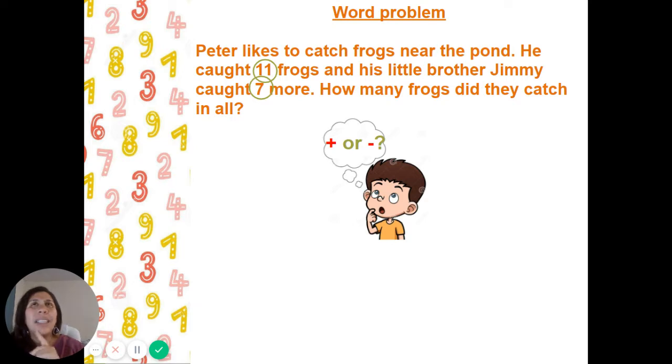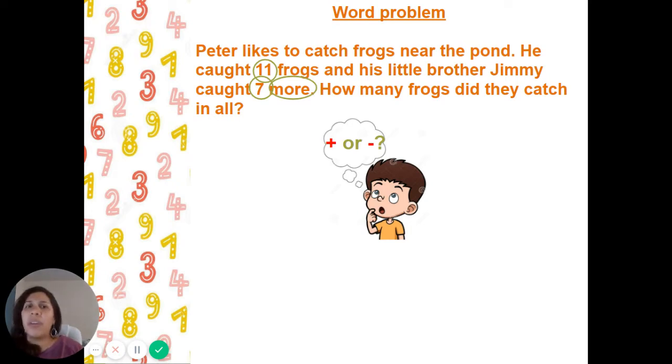But they said caught 7 more. I think I just heard this word in one of the two lists for addition or subtraction problems. This word more, let's just circle it because I think it's important. Then we have, how many frogs did they catch in all? How many?